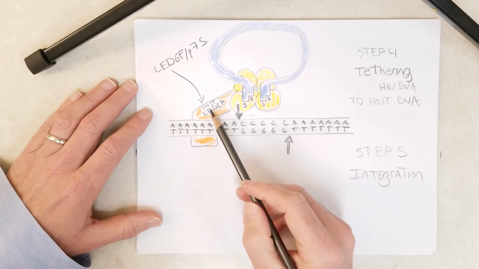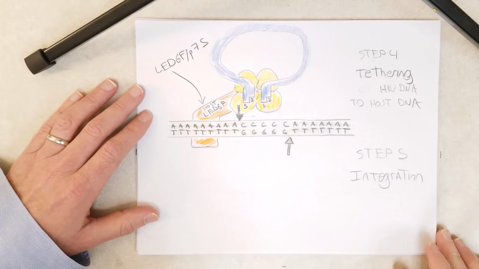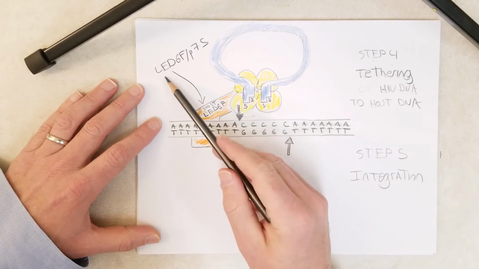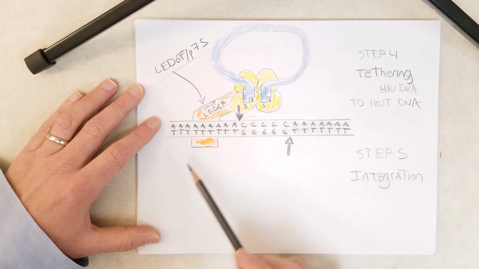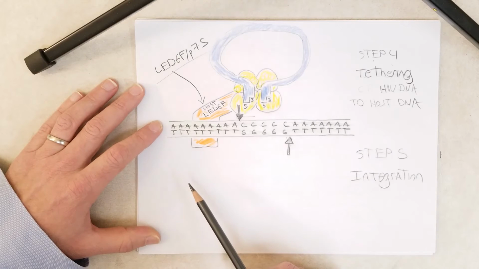So this host protein, and viruses are really neat in their ability to do that, use our own proteins against us. So this protein right here is thought to tether the HIV-1 DNA to a location in the host genome.